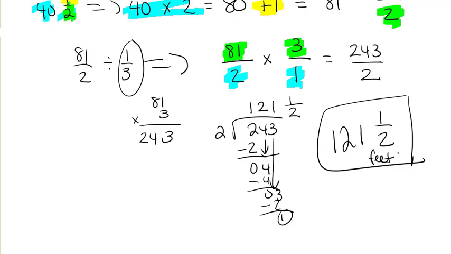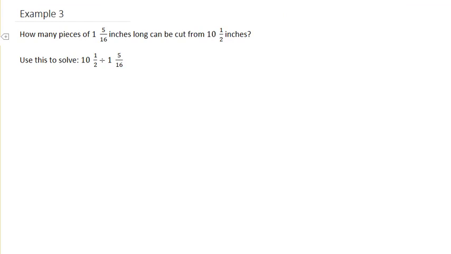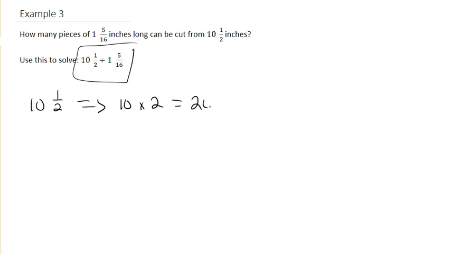Let's do one final example. How many pieces of 1 5/16 inches long can be cut from 10.5 inches? The first step is to convert into fractions. 10 times 2 is equal to 20.